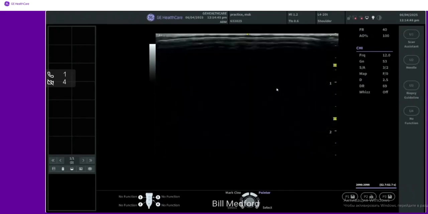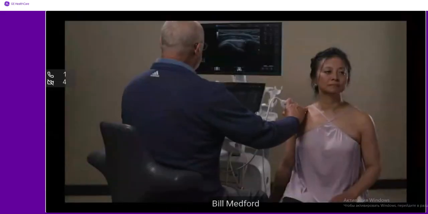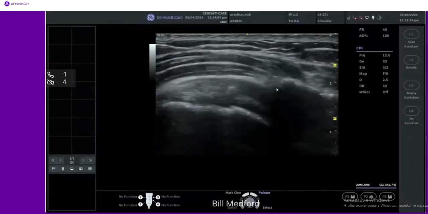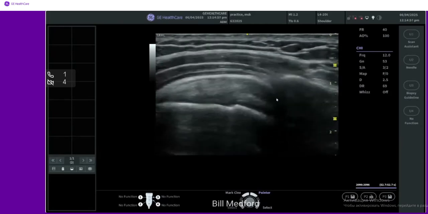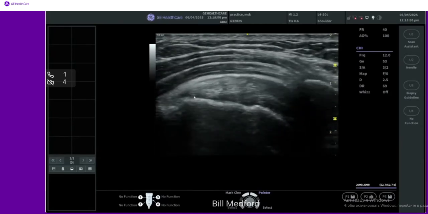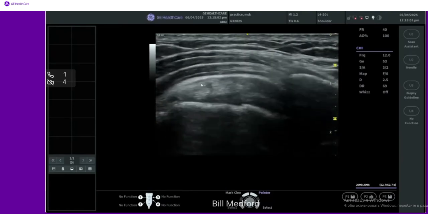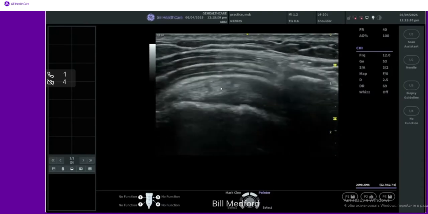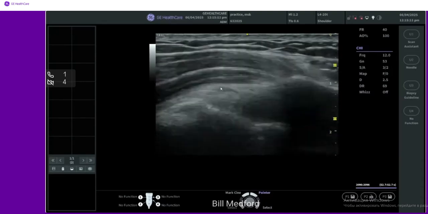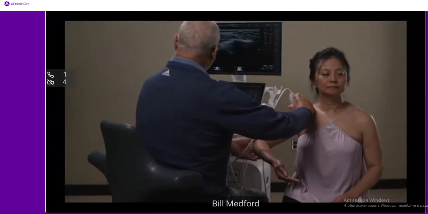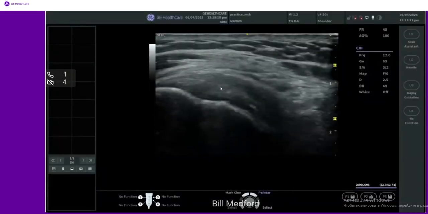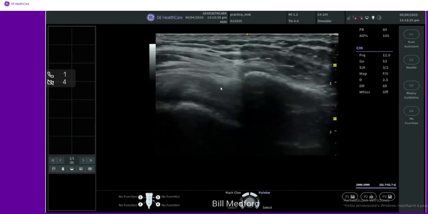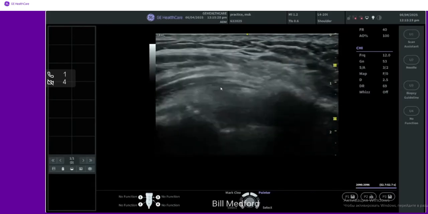I mentioned earlier that we can do some dynamic scanning, looking at the supraspinatus as it slides back and forth under the acromion, looking for evidence of subacromial impingement, or, as Dr. Meenakshi mentioned, in cases of large bursal bulging, so to speak, calcifications, we can have the patient abduct their arm and see if that calcium might be knocking up against the acromion as the rotator cuff slides back and forth past the acromion.